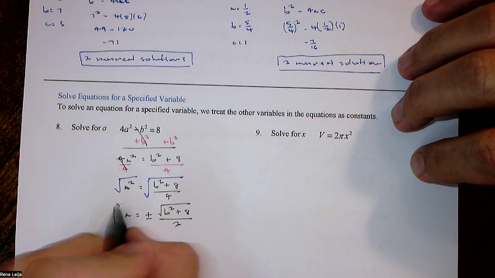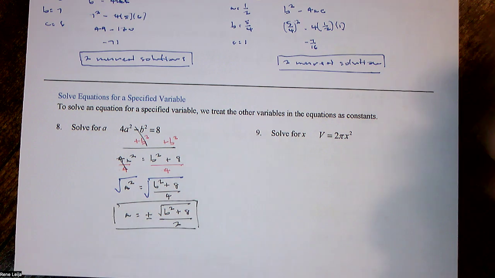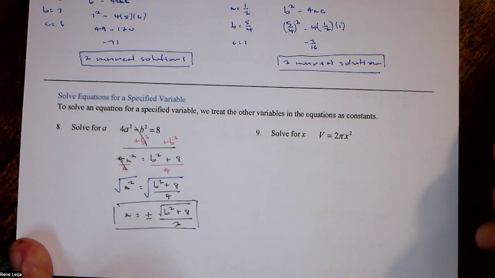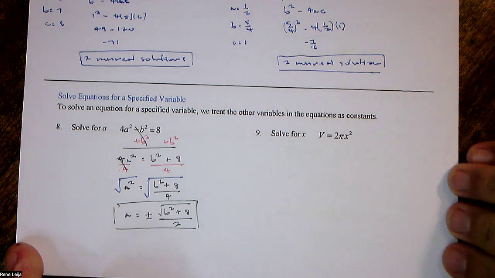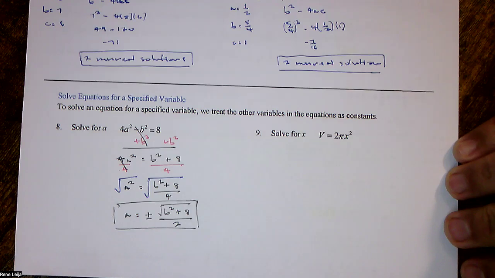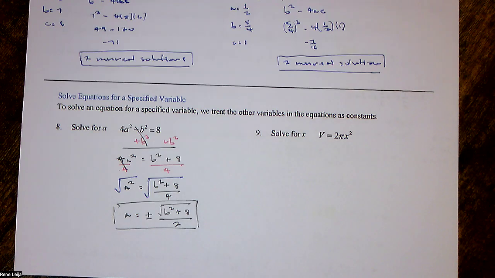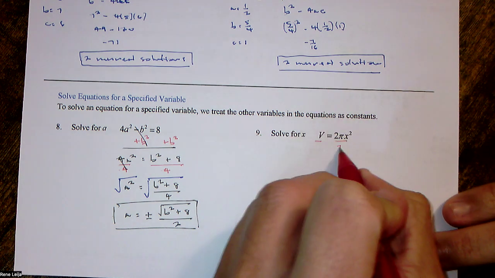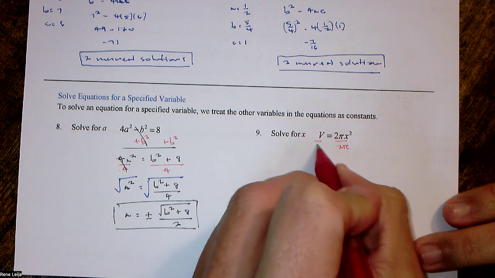And this is my solution. This is my answer. Okay, so hopefully that one wasn't too bad. Now, number 9, we're going to solve for x. So what I need to do here is we're going to divide both sides by 2 pi.